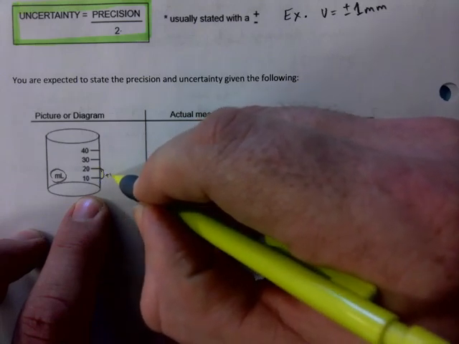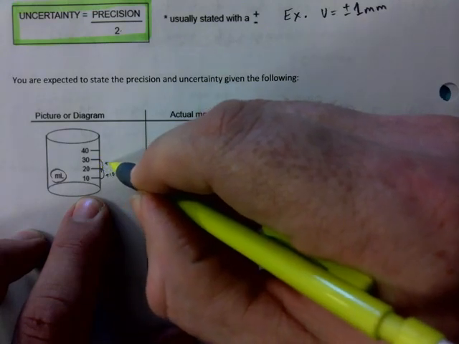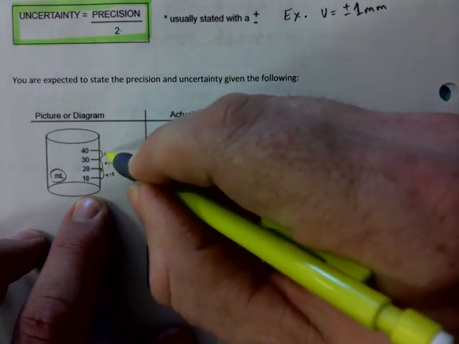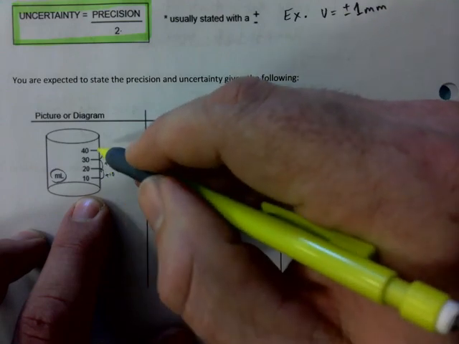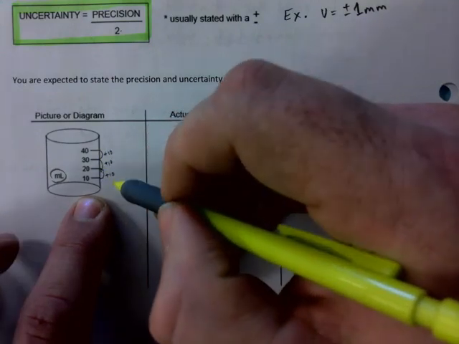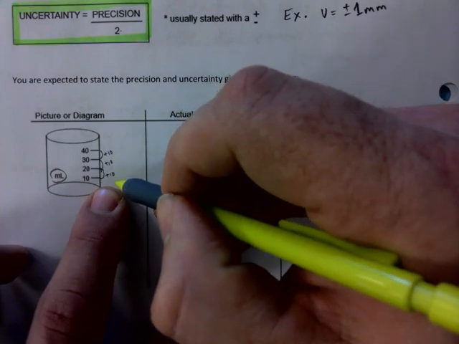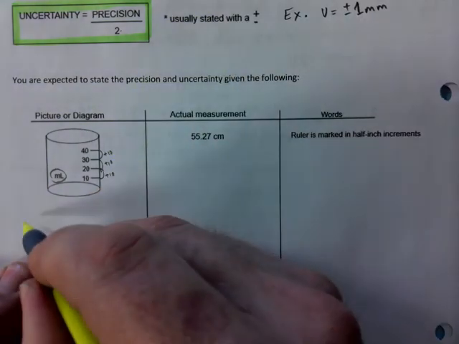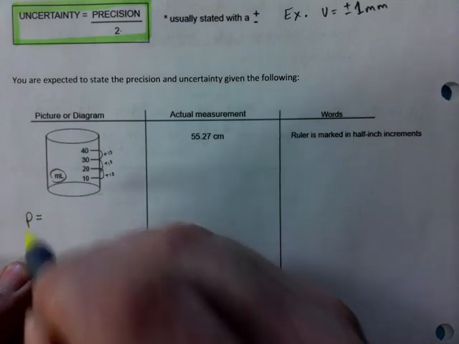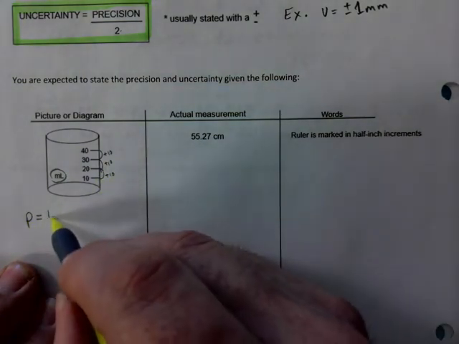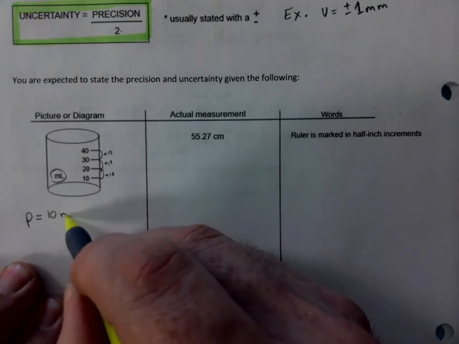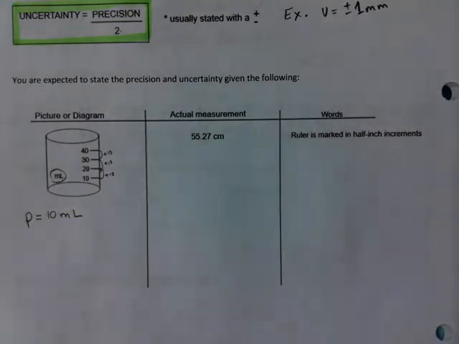So you go plus 10, plus 10, plus 10. It also goes down by 10, if you were to go from 40 down. But remember, it's 10. So what's the precision of this particular device? 10 milliliters. Just like that. That's the precision of this thing.